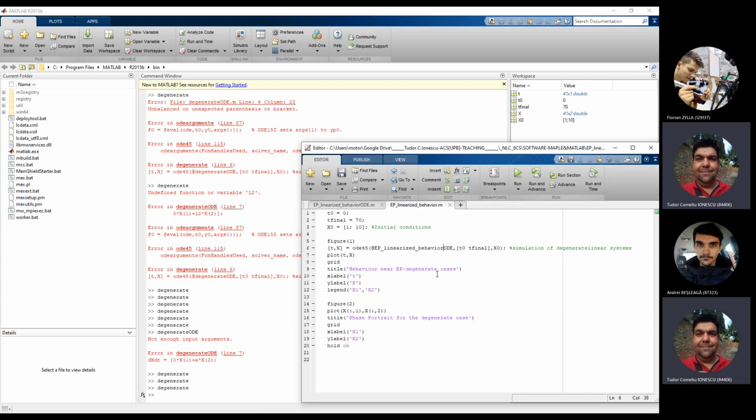Okay, simulation of the linearized behavior at equilibrium points. In that case, phase portrait for the behavior at equilibrium points.